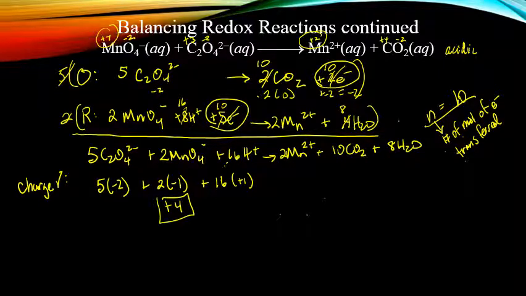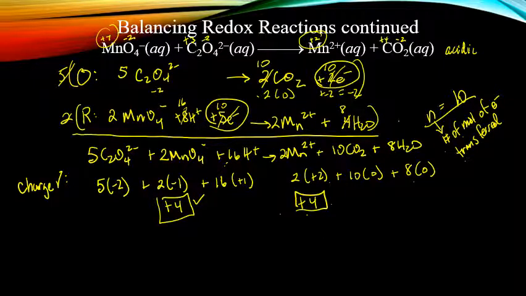And now on my product side, I have 2 times +2 plus 10 times 0 plus 8 times 0, because both of those are neutral compounds. Sum of their oxidation numbers is 0. So 2 times +2 gives me +4 as well.